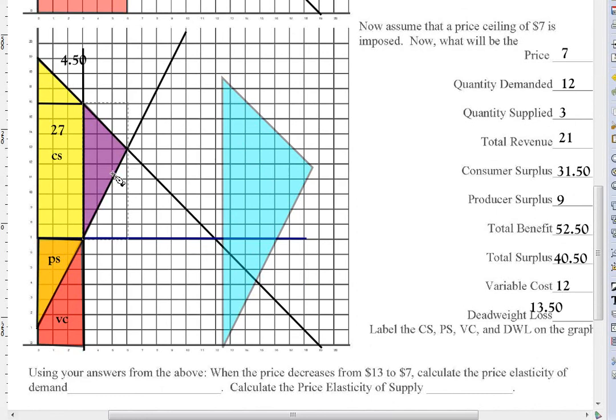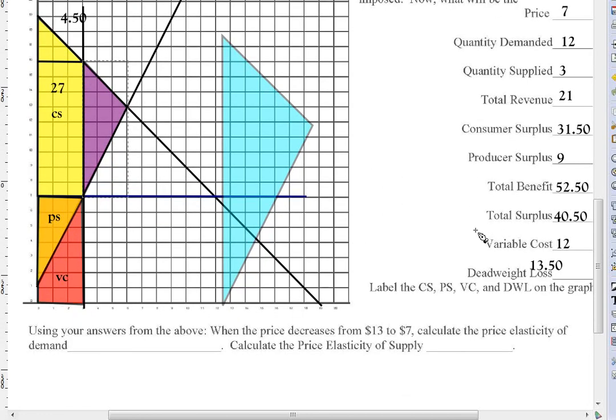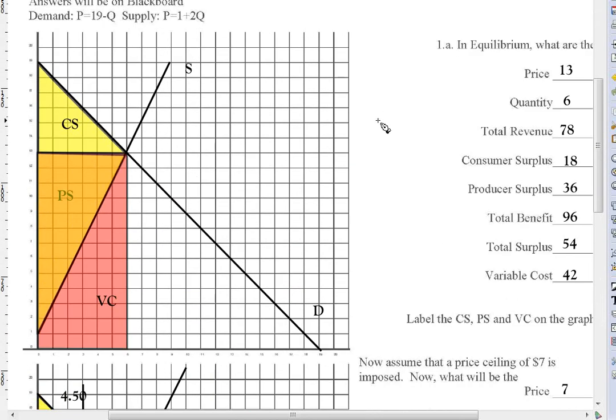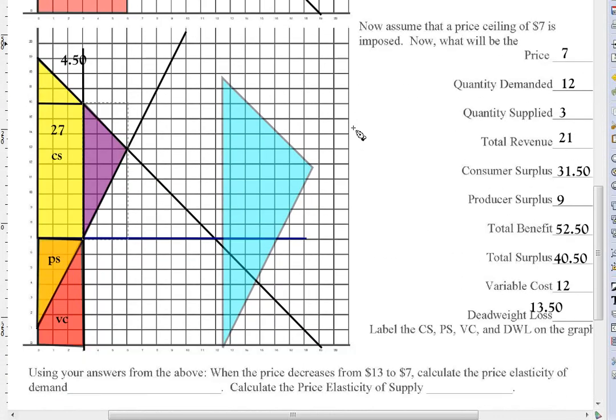We lose this purple amount of producer and consumer surplus. So it goes down by 13.50. So that's how to compare the original situation to what would happen with a price ceiling. Now, I'll make another video segment where I'll look at the production quota and the tax.